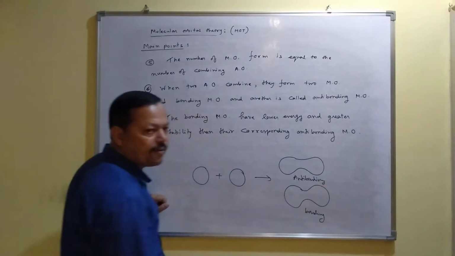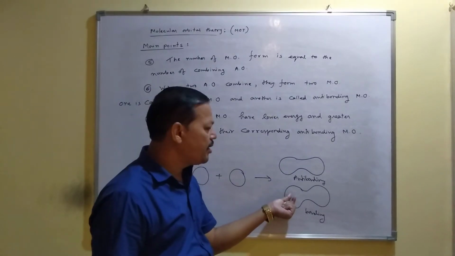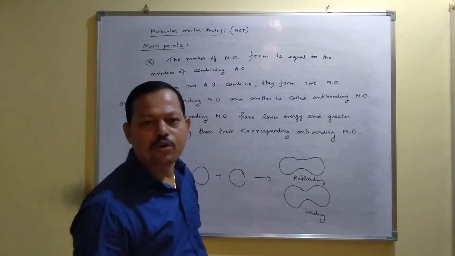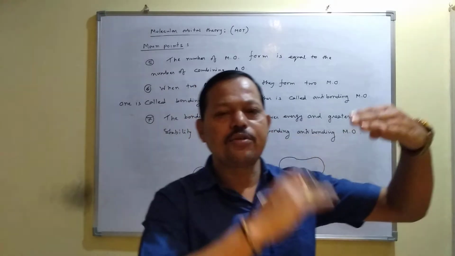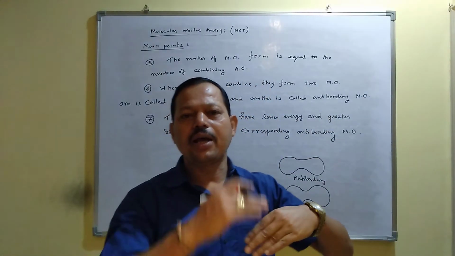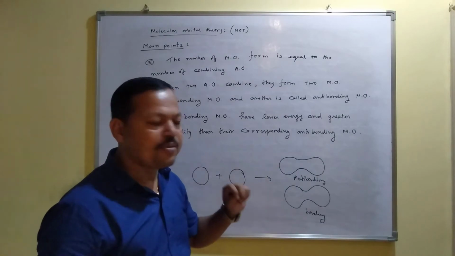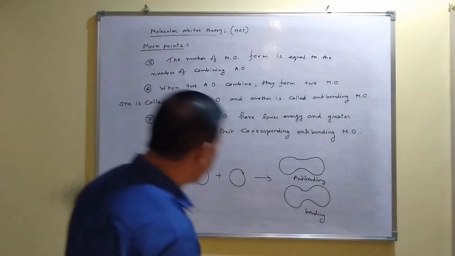So this bonding has greater stability and lower energy as compared to its corresponding antibonding molecular orbital. I mean, when two atomic orbitals combine, it will form two molecular orbitals, and the bonding has lower energy, greater stability than its corresponding antibonding molecular orbital.